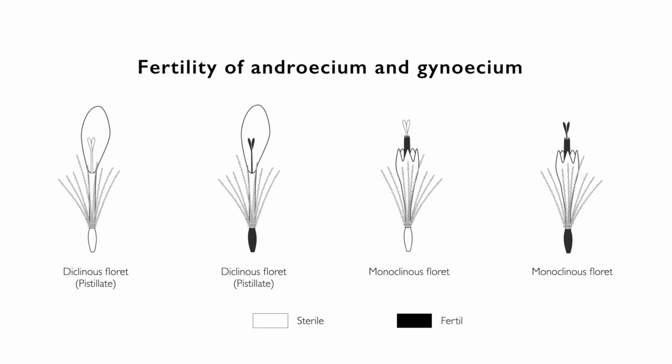One case in which both the Androecium and the Gynoecium are fertile, or the other case, in which only the Androecium is fertile and the Gynoecium is sterile. Then, when we have declinous florets, these declinous florets are only pistillate, and they could be either fertile or sterile.